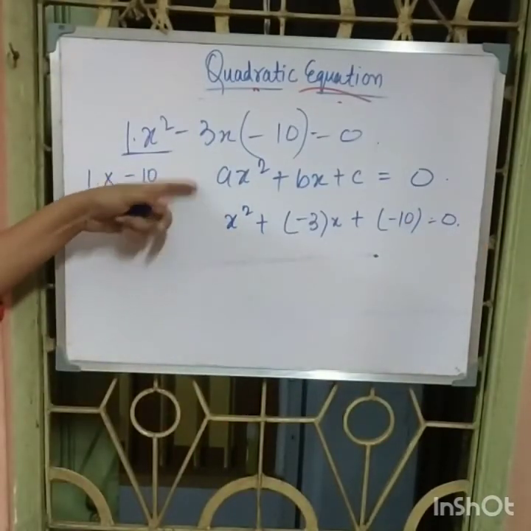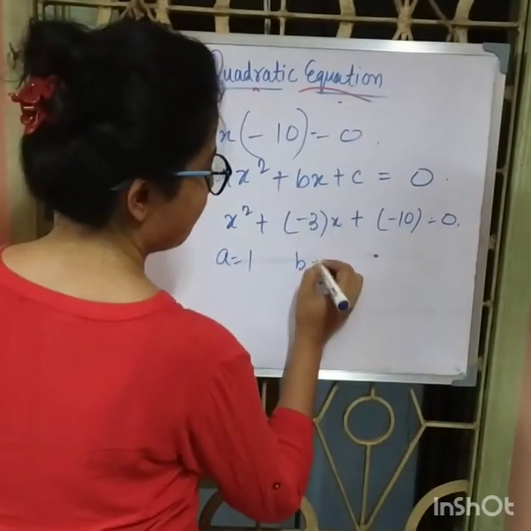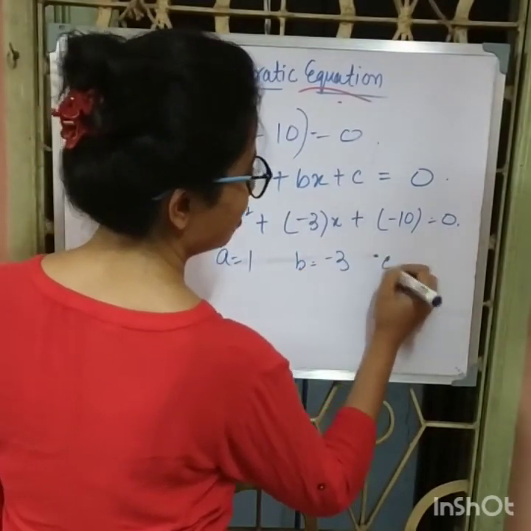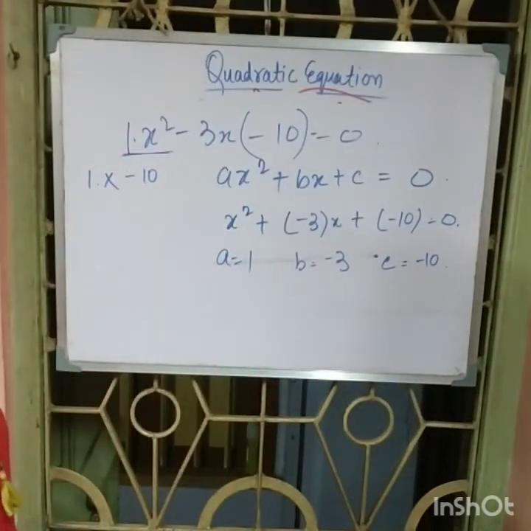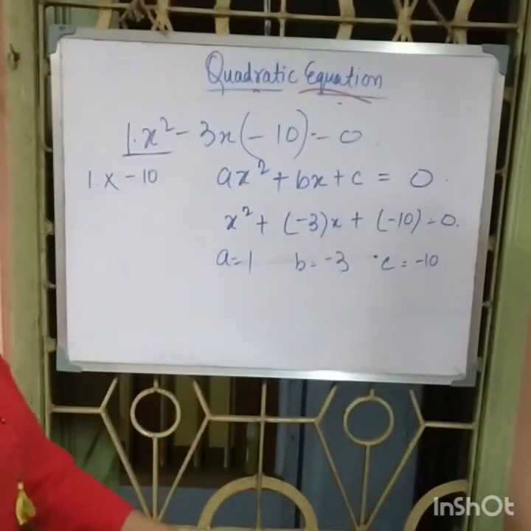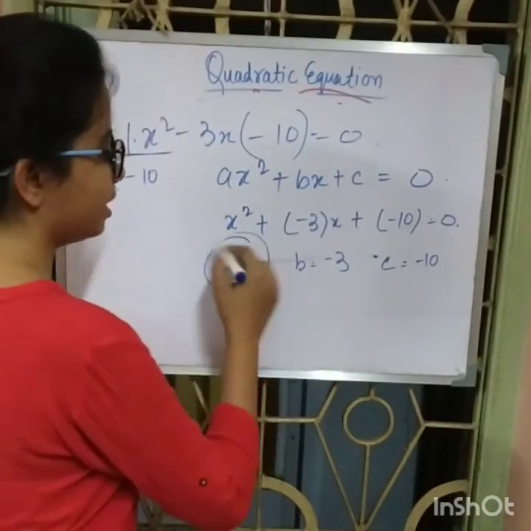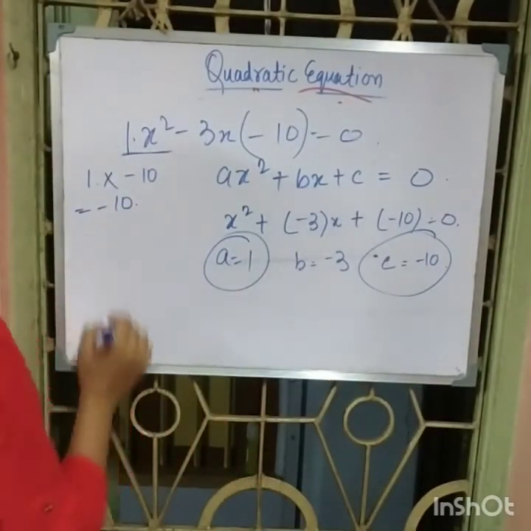Now if we compare these two equations, we get a is equal to 1, b is equal to minus 3, c is equal to minus 10. Right? So now we can again proceed with the same process: we need to multiply a and c, 1 and minus 10, which gives us minus 10.